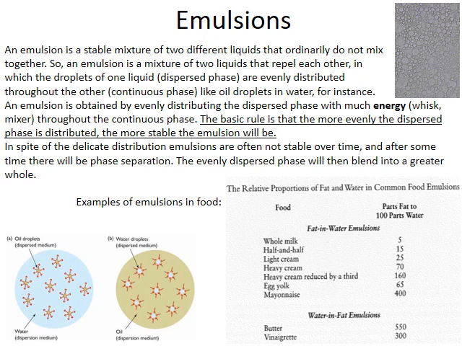So we are going to try to make an emulsion. And in fact, an emulsion is a composition of two liquids that ordinarily don't mix. So if I would mix, let's say, sunflower oil or olive oil with water, then they will separate.